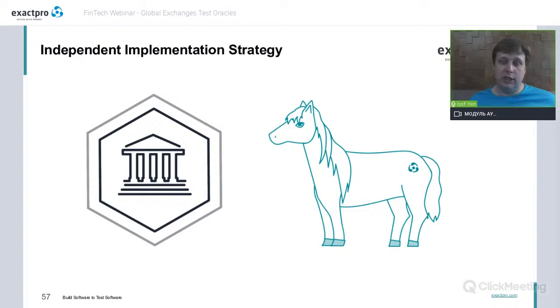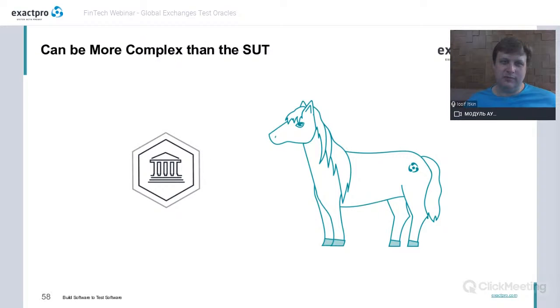So independent implementation strategy, on the other hand, follows nicely the concept of build software to test software, where we state the equal complexity of the system under test and the test library, the test instrument. There can be other situations. It is possible that the testing tool and testing system is more complex than the system under test.